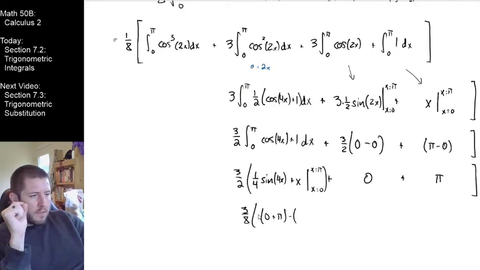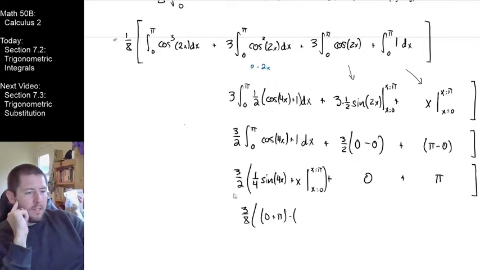I need to be ever so slightly more careful with this. So notice the mistake I made right here. I was thinking that this 1/4 was multiplying the whole thing, so I factored it out to be with the 3/2. I don't think that's actually appropriate, because the 1/4 is not multiplying the x. So let me fix that.